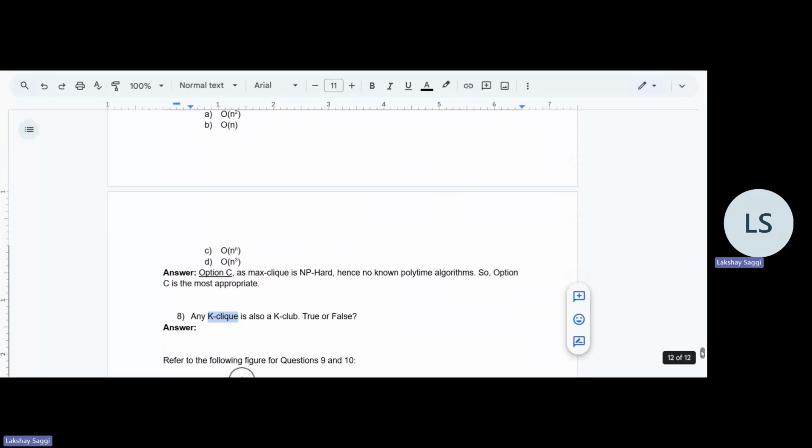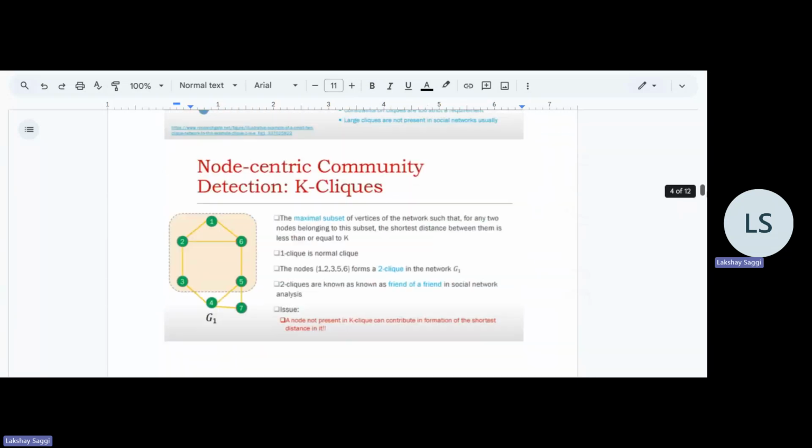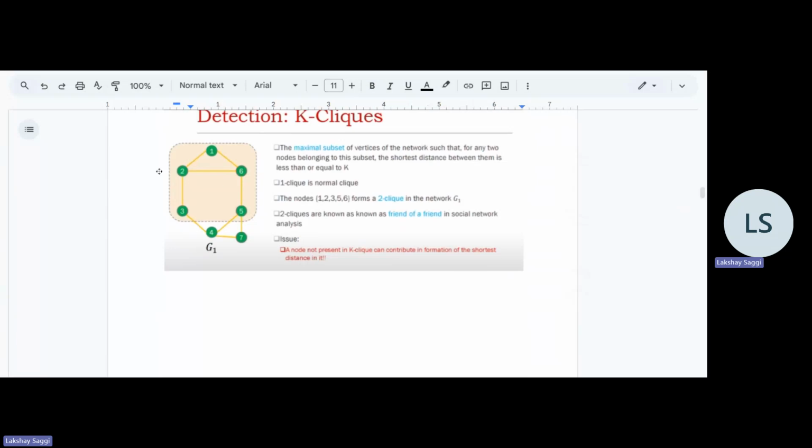As we discussed in one of the examples, this subset is actually a 2-clique, but it's not a 2-club, because the shortest path between 3 and 5, if we have to take it as 2, needs a vertex which lies outside this set, which is not permitted. So it's not a 2-club, but it's a 2-clique.